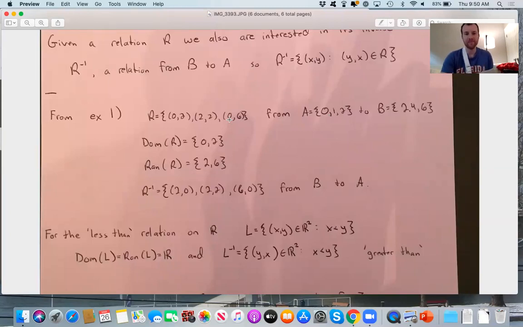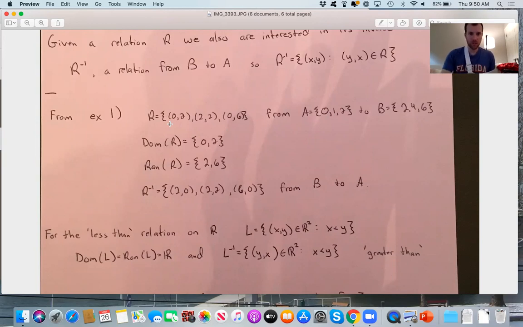It just shows up on our list twice. So the domain is just 0 and 2. Those are the only first coordinates that appear in R. And so {0, 2} is a subset of A. The domain is a subset of the first half of the product that the relation R lives on. But in this case, it's not everything. 1 is in the set A, but since it doesn't appear as a first coordinate, it's not in the domain.